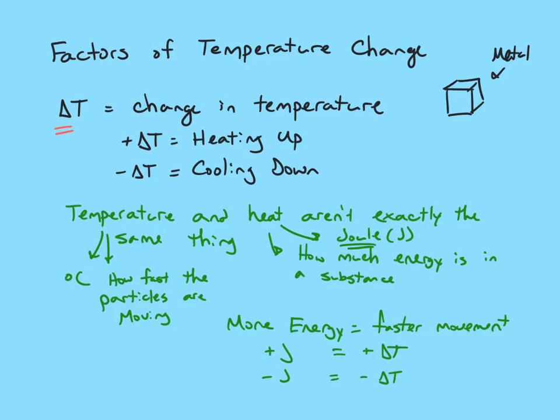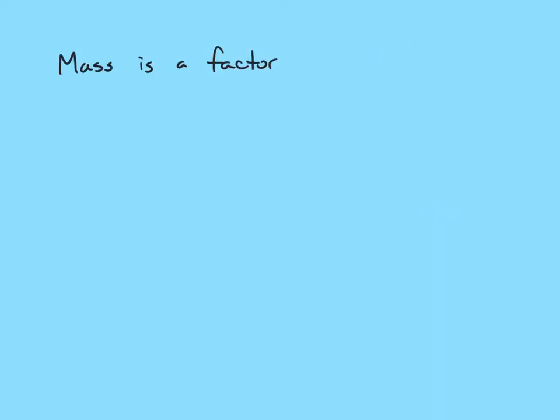Notice how I represented the loss of energy as a negative energy. If we add energy, that's plus joules, and if we remove energy, that's negative joules. If we add joules, we have a positive change in temperature, and if we remove joules, we have a negative change in temperature.